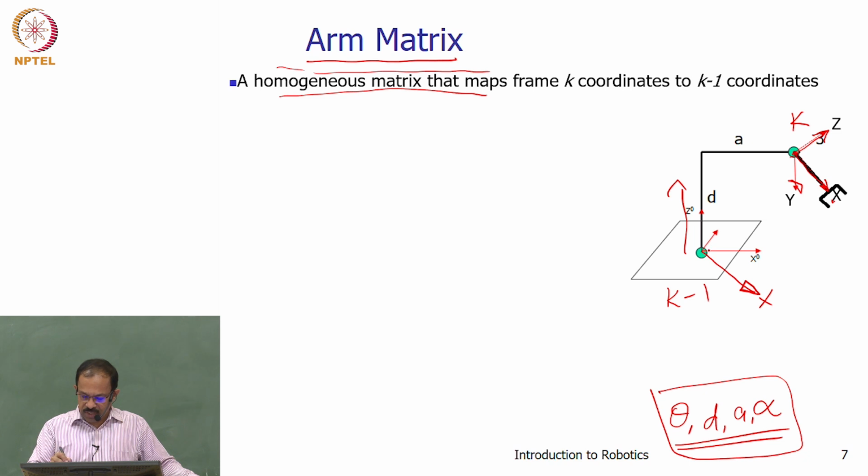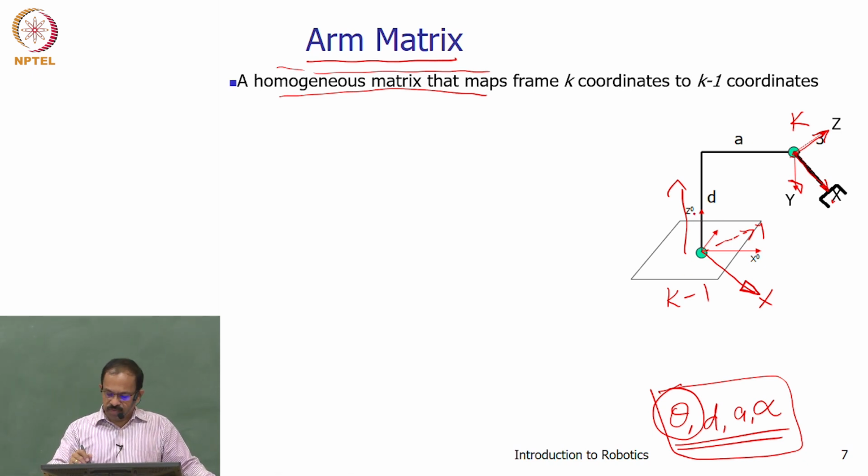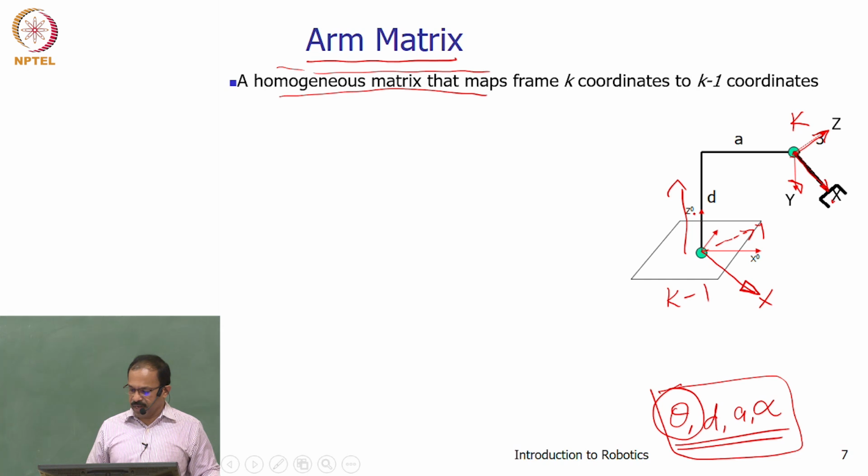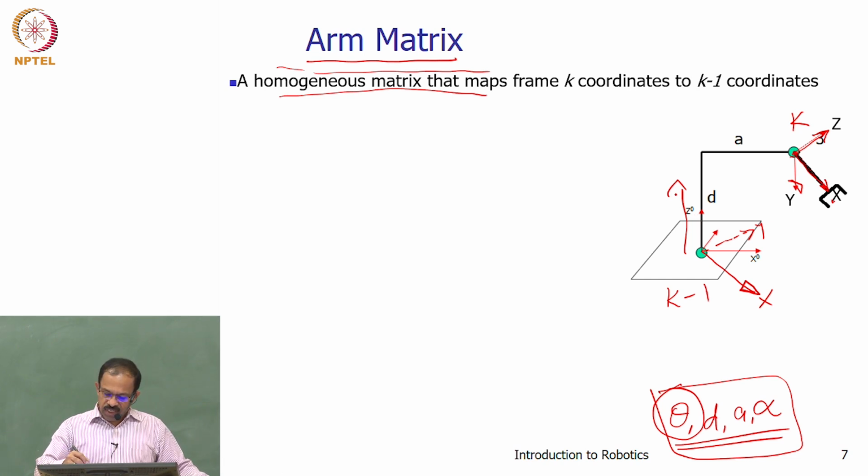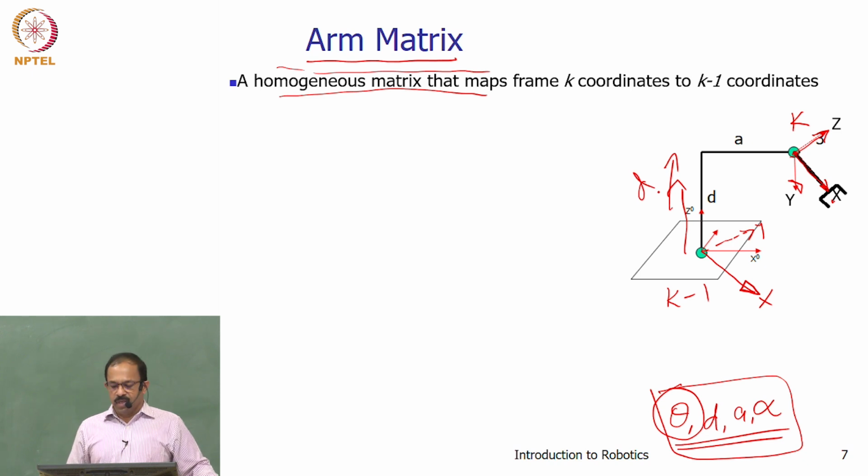So z remains the same, and your y will be something like this. That is the first parameter, theta. You can see that in the transformation of these two coordinate frames, first it is rotated with respect to the z0 axis by an angle theta, and then it is translated along the z axis by a distance d. So it reaches here.